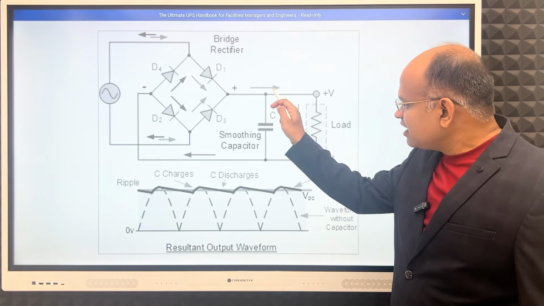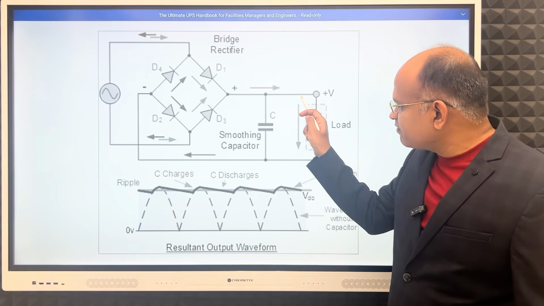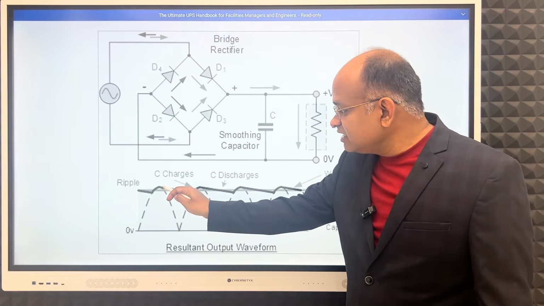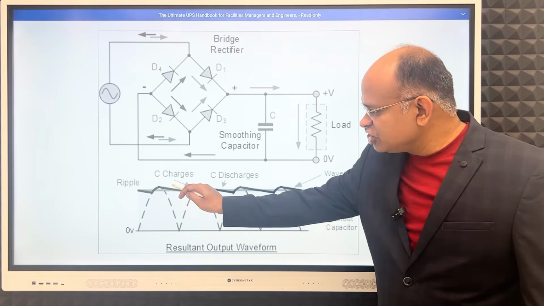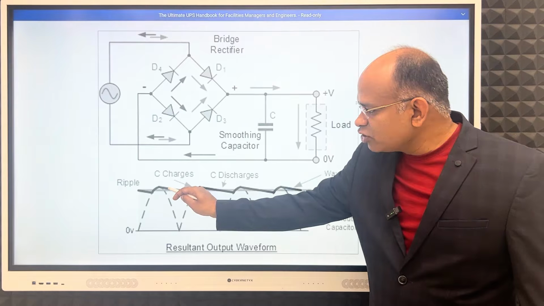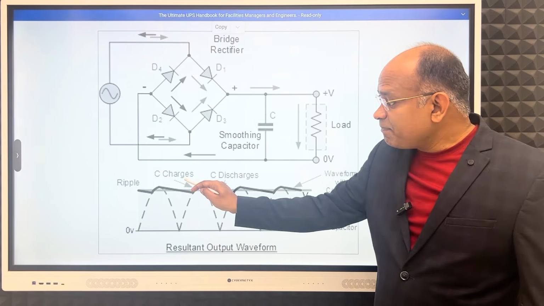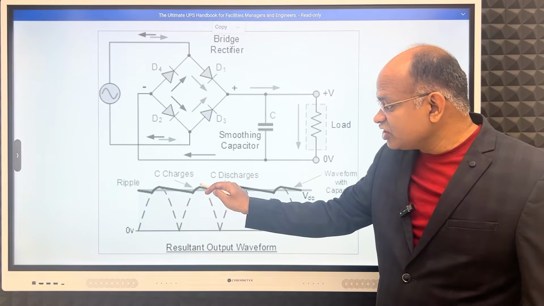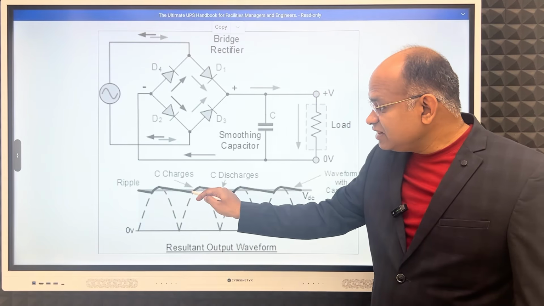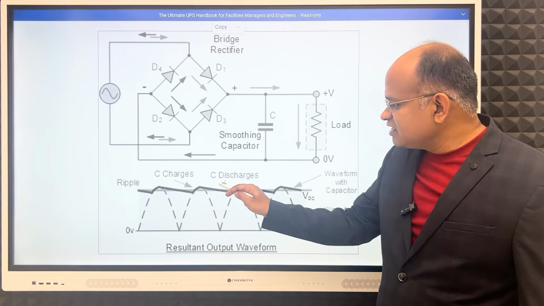Interesting, right? So the current is not coming from the source, it is coming from here because till this point it got charged, it had charges, and from this point it will discharge. This straight sloping line is the capacitor. C charges, capacitor current. Again here C will charge, this is the peak. So till here it will discharge. See, C discharges.